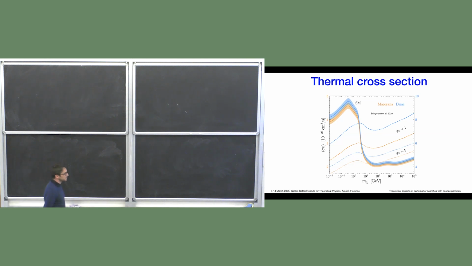Okay, so what we have seen with the freeze out is that with the cross-section of the order of 2, 2.5, 10 to the minus 26, and the mass of the order of, let's say, tens of GeV up to even, I mean, the higher part of the mass is basically constrained by just the unitarity bound.